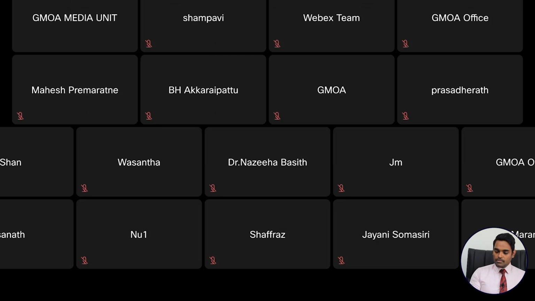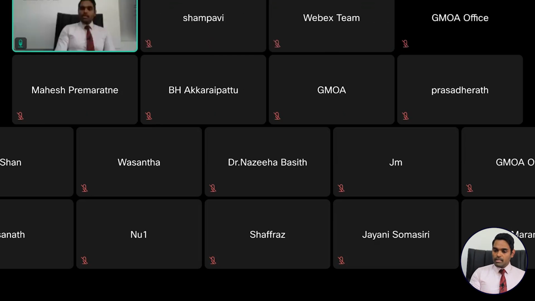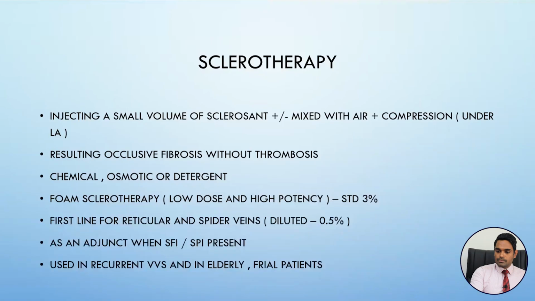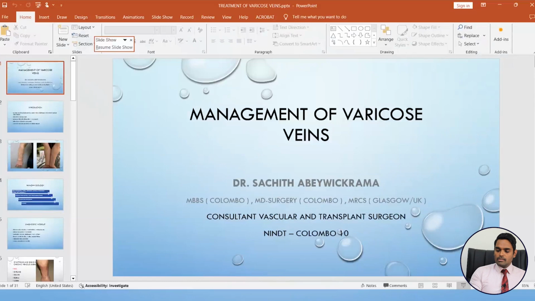When you mix it with air, it forms bubbles, so that the sclerosant will be there in the bubble. Therefore it will adhere to more surface area of the vein and give you a good result.